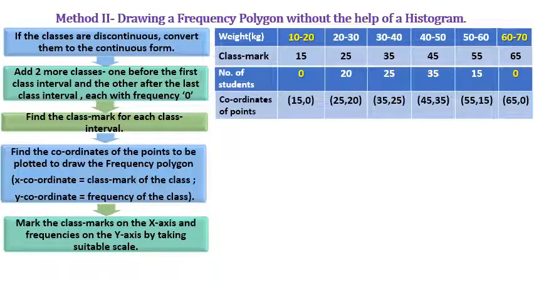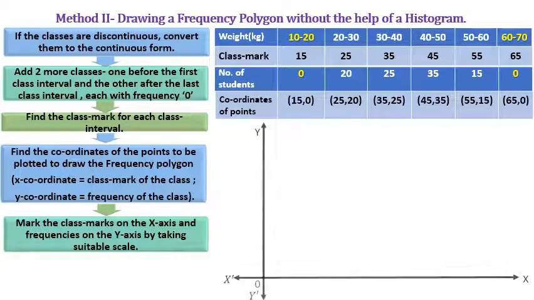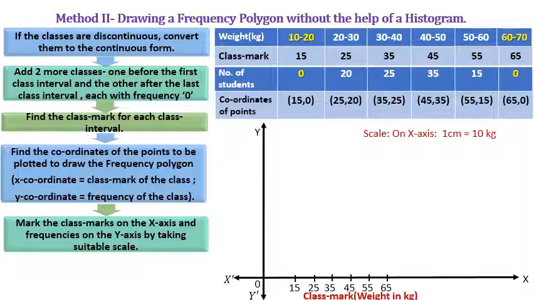Mark the class marks on the x-axis and the frequency on the y-axis by taking suitable scale. Since the class width is 10, on the x-axis 1 cm is 10 kg. Using this scale, we mark the class marks on the x-axis.